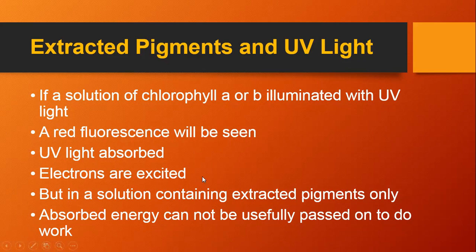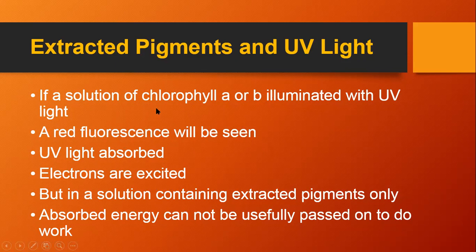But now we have to see what happens if the photosynthetic pigments are extracted from the leaf and are present in the form of a solution, and they are exposed to light.